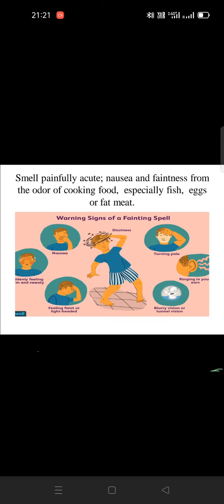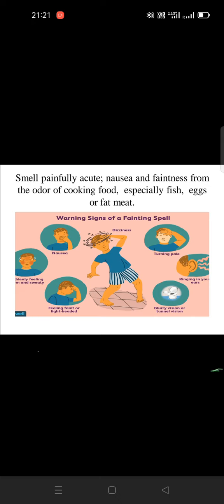Then anosmia, in which disease condition will we find it? Can anyone tell me, if there is anosmia, in which disease will we find it, where smell is not perceived? Like we can take the example. Okay, it can be, but we can take the common example.